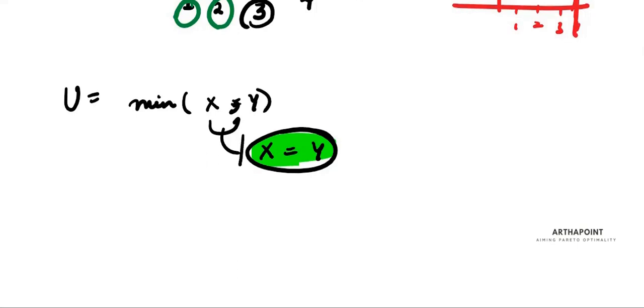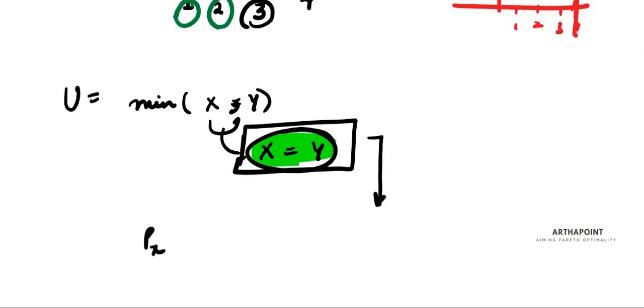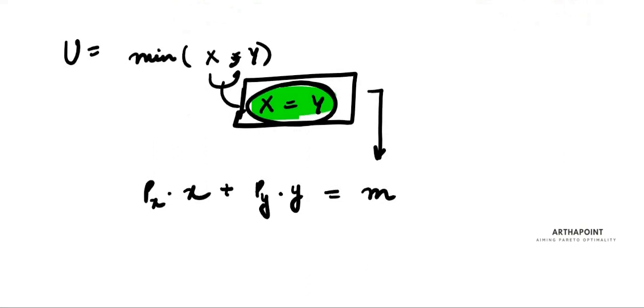I am being constrained by my budget line. So although I have to consume x equal to y, my budget line is px into x plus py into y equal to m. This is the constraint that I have.